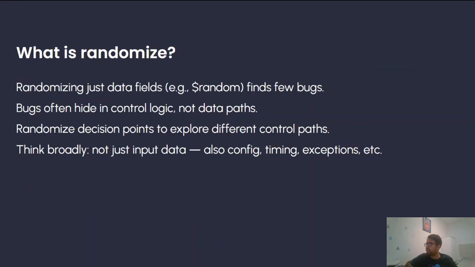Let's see in detail what randomization is. When people think about random testing, they often randomize only data fields using $random. But this doesn't find many bugs, just simple data issues.